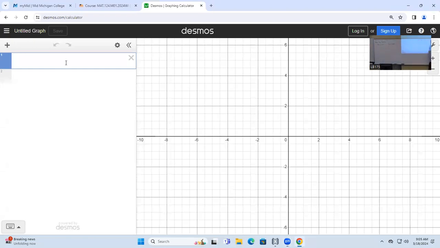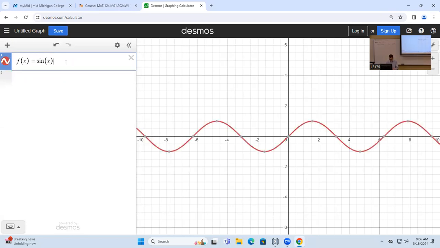So once again, I'm on Desmos. I'm sure most of you have seen the graphs, but I'm going to graph them anyways. So f of x equals sine of x.